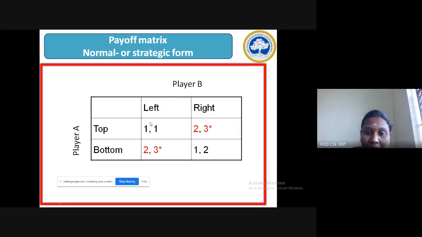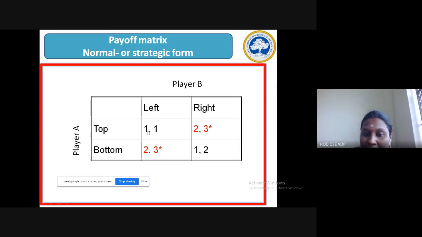So in this case I'll tell you how to find the Nash equilibrium. Suppose I say this is one Nash equilibrium and this is another Nash equilibrium, how do I arrive at this? That is important. So first take these two rows. For player A, you just compare player A's strategies, top and bottom.